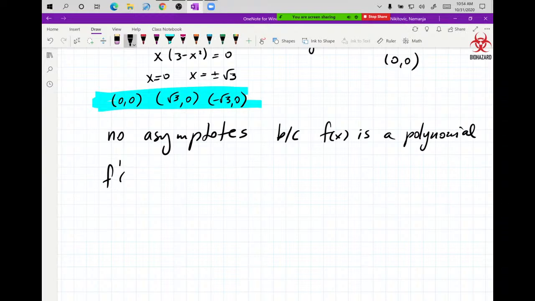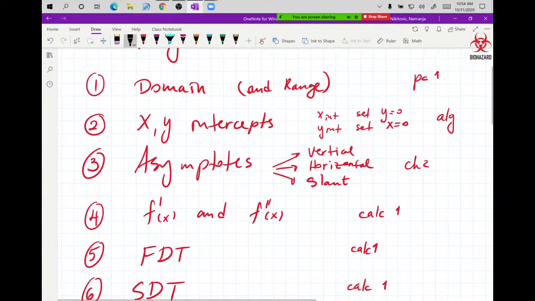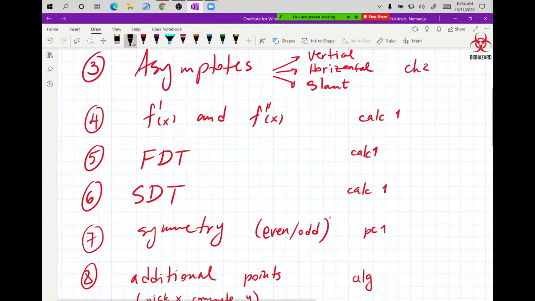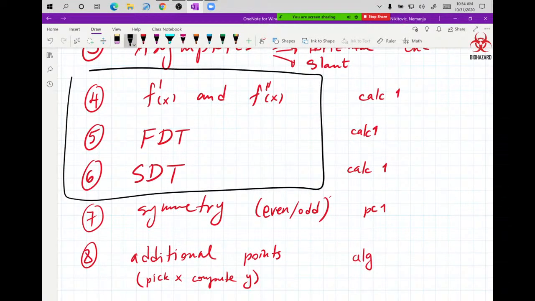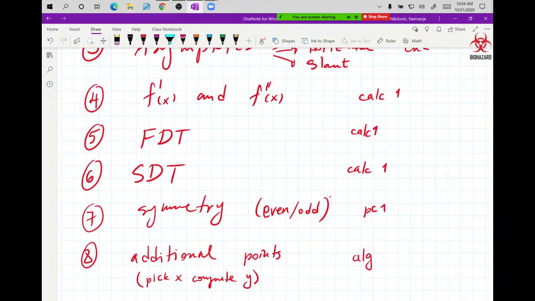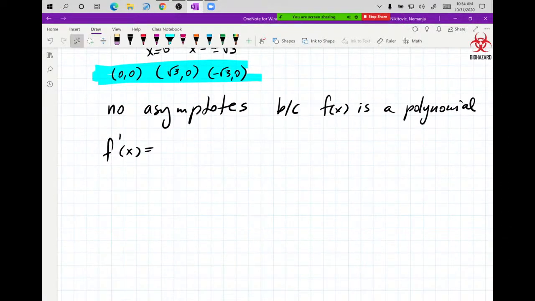First derivative, right? So we're going down the list. We knocked out domain, we knocked out intercepts, we knocked out asymptotes, and now we need to deal with the earlier lecture today. First and second derivative, and compute first and second derivative test. So I'm going to go and find the first derivative.